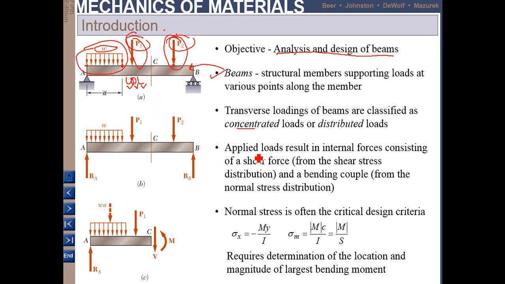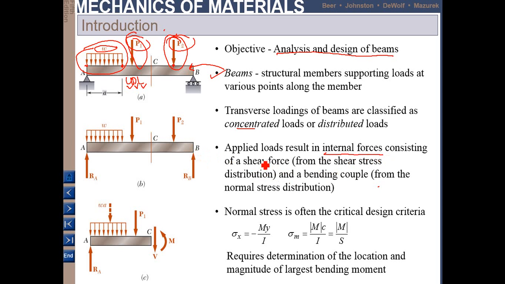Okay, the applied load results in internal forces consisting of a shear force from the shear stress distribution and a bending couple from the normal stress distribution. So you have to calculate and determine the internal force, which consists of a shear force.